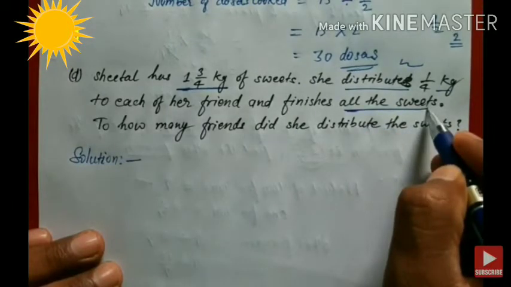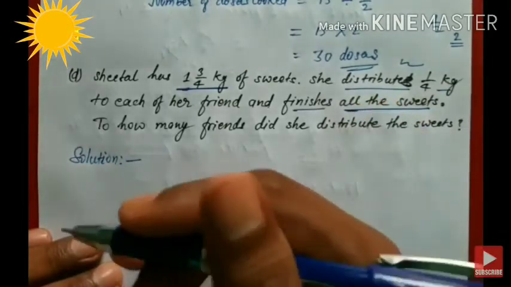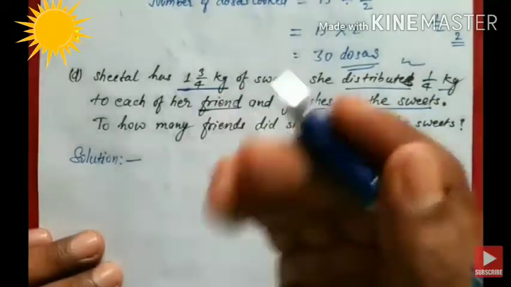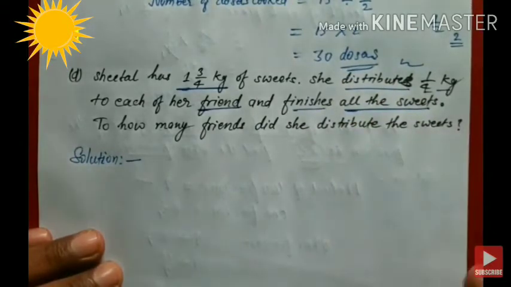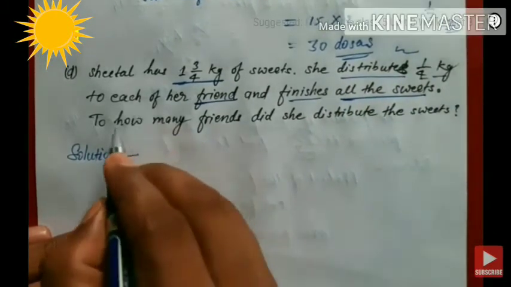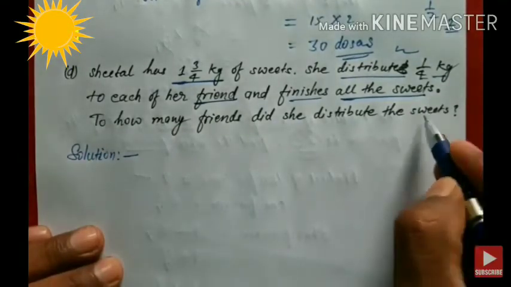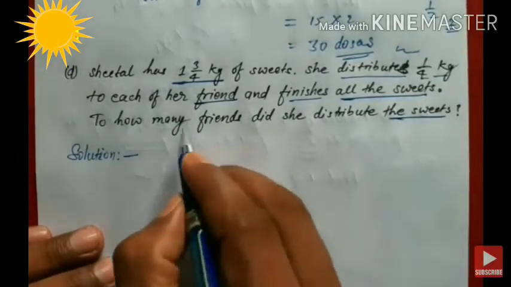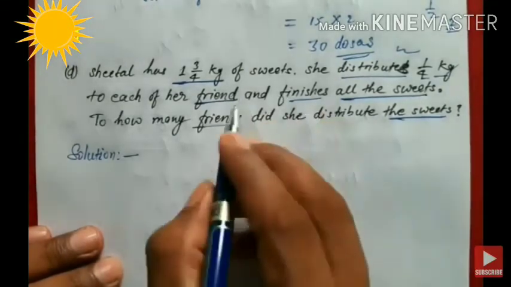So Sheetal distributed all the sweets to her friends and finished it. So she distributed 1 upon 4 kg to each friend. To how many friends did she distribute the sweets? We want to find how many friends she distributed the sweets to.